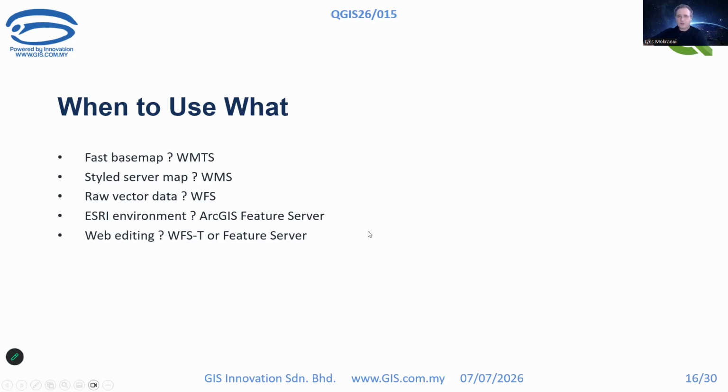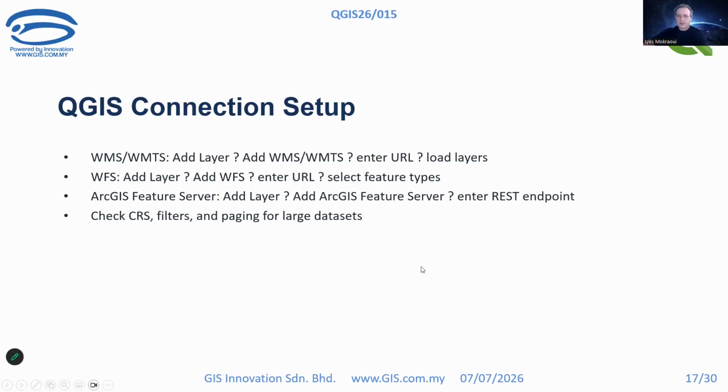So it all depends on which tools you have and which ones you can edit or get the data from. We're going to see the QGIS connection setup in the demo shortly, how to add layers and configure WMS, WMTS, and then the same for WFS and ArcGIS Feature Server.